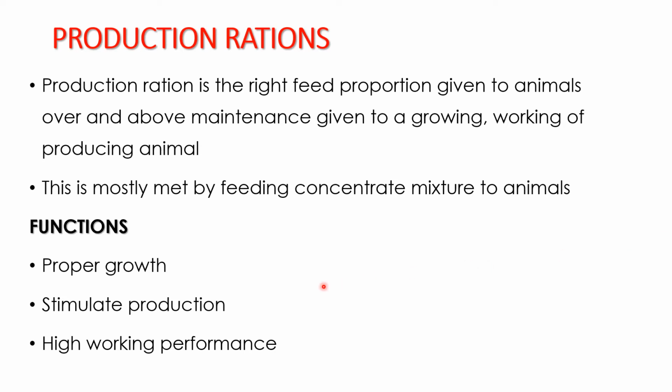And also production rations will help in high working performance in animals. If their working performance was not good, with the production rations given to them, their working performance is improved.